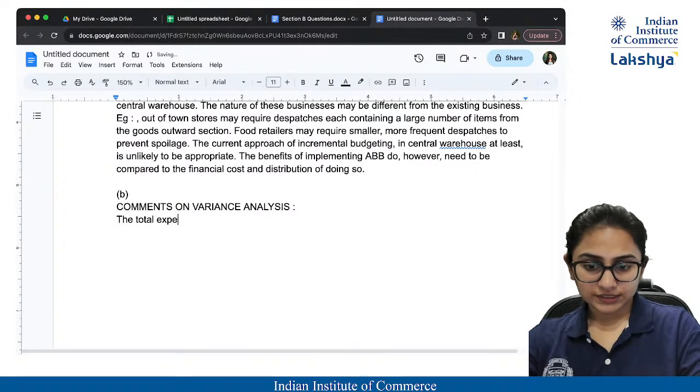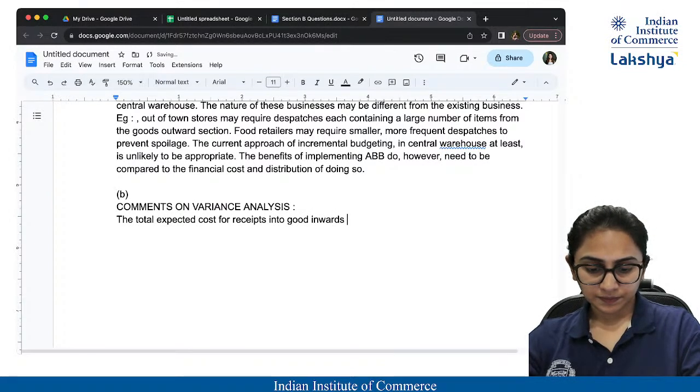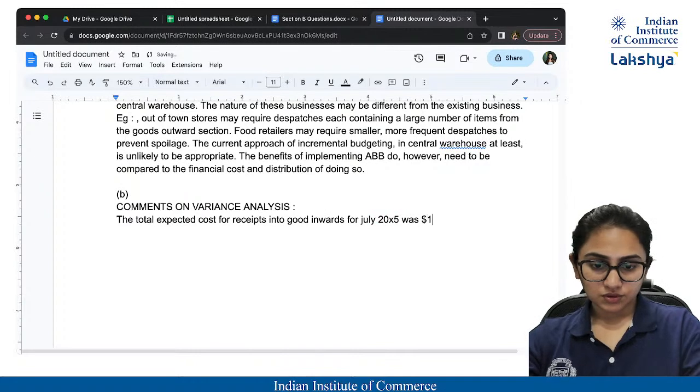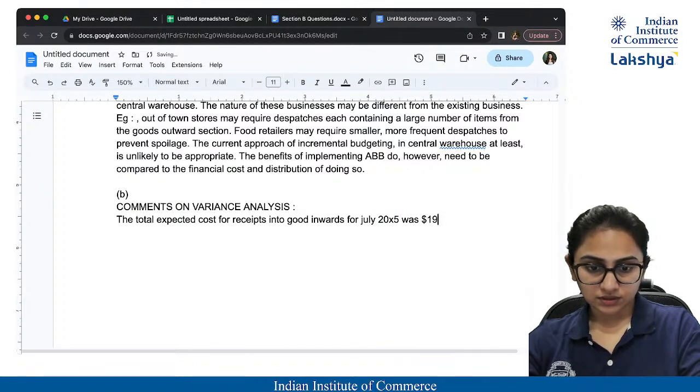The total expected cost for receipts into goods inward for July 20x5 was 19,825.